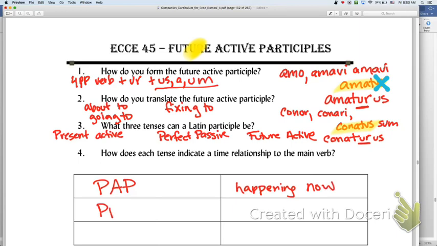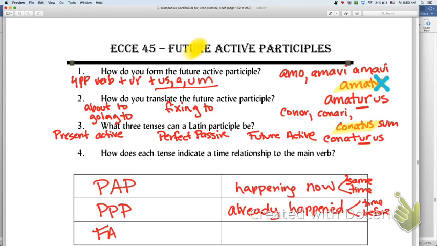The perfect passive participle, you might hear me say this is the same time. The PPP already happened. And then the FAP will happen soon. So you would call that time after the main verb.